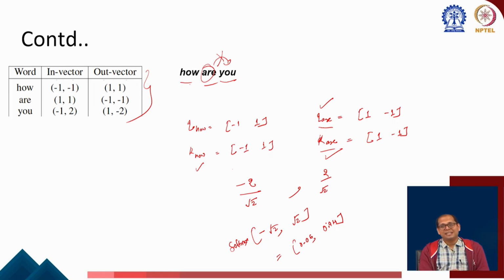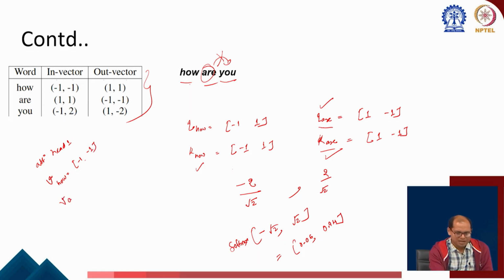Now, I have to do multi-head attention, right. So, for the first attention head, my value is, so the values of the two words how and R: V of how is -1, -1, V of R is 1, 1. So, what will be my final output?